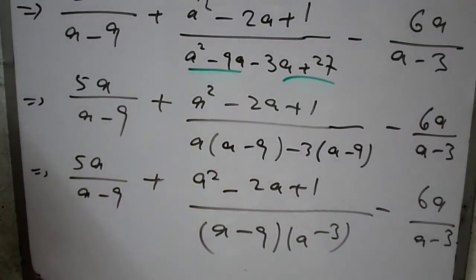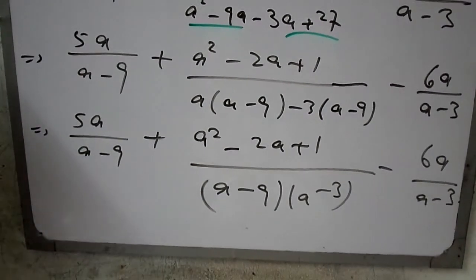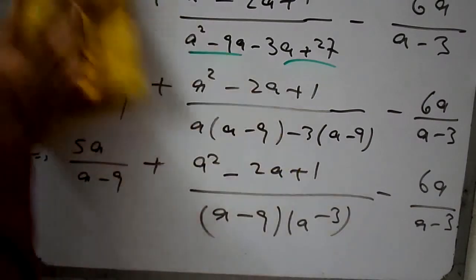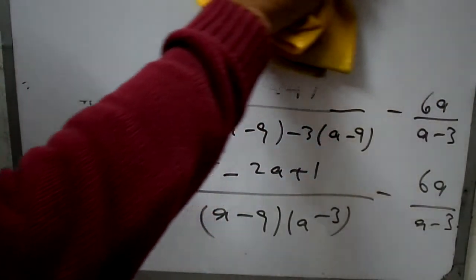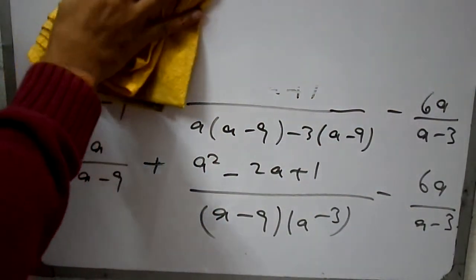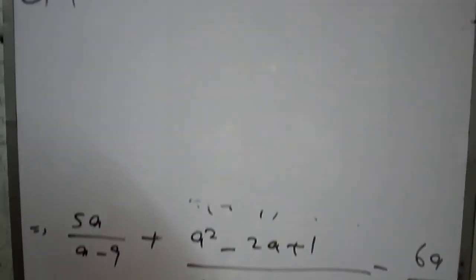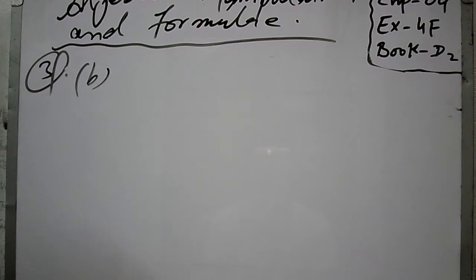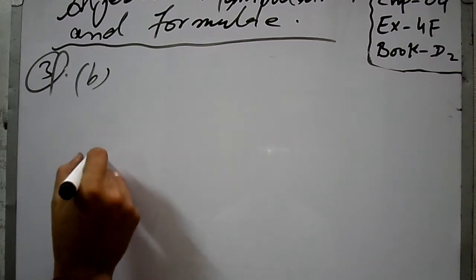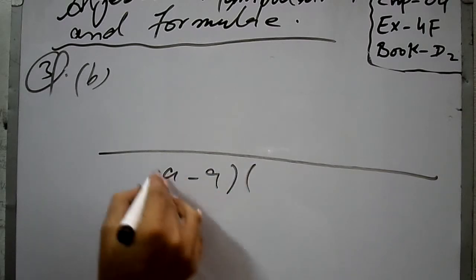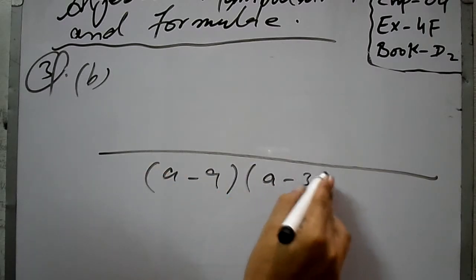Now you can take LCM of it. Product of common into product of non-common. Don't have enough space here. So by LCM, there it is. LCM is a minus 9 into a minus 3.